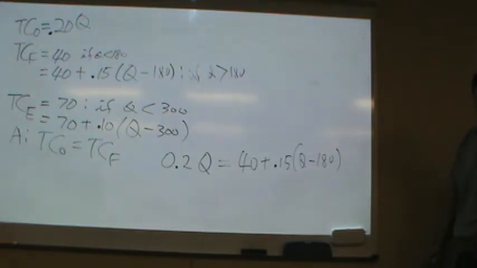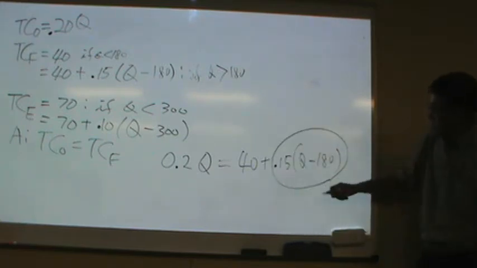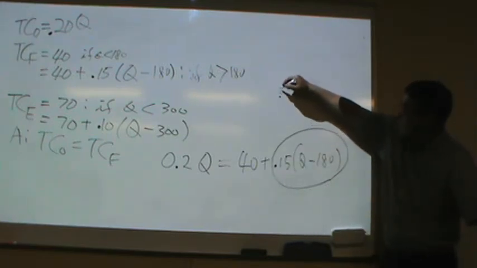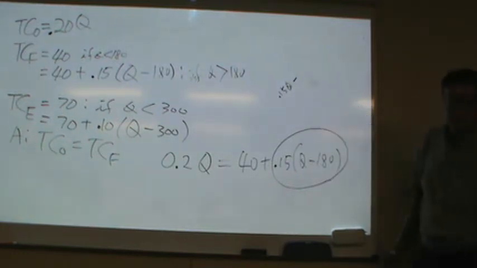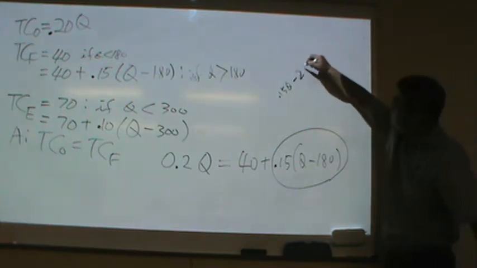Okay. So then you get rid of your parentheses. This one, 0.15 Q minus 27.